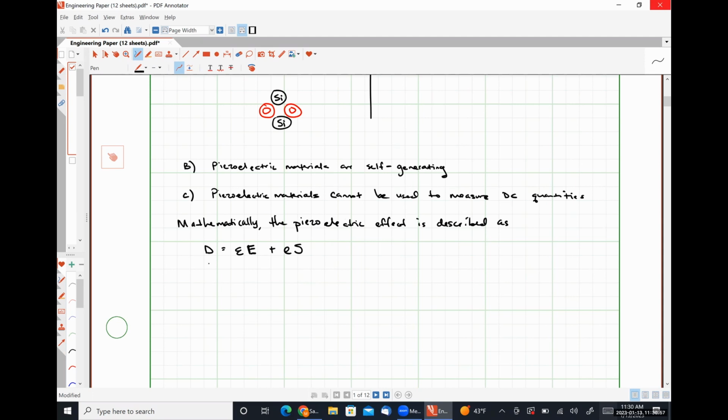So this is the electric displacement, and it is measured in coulombs per meter squared.